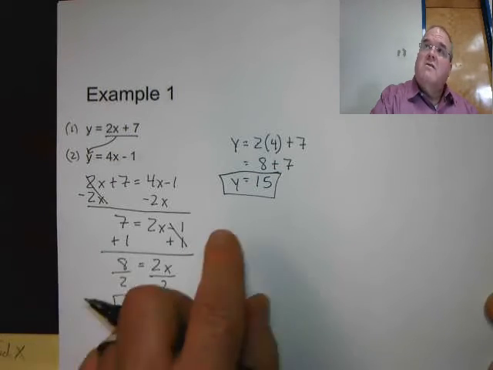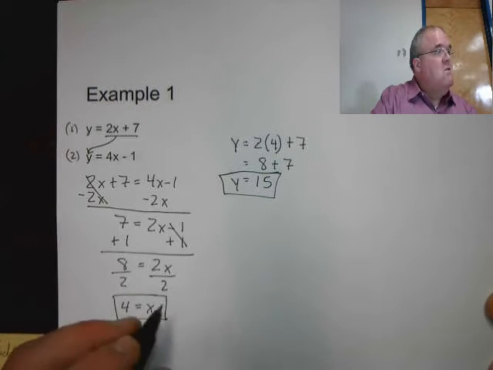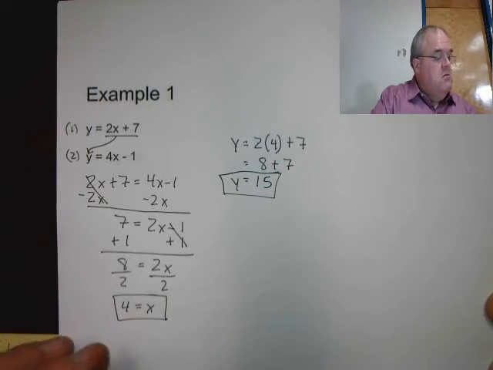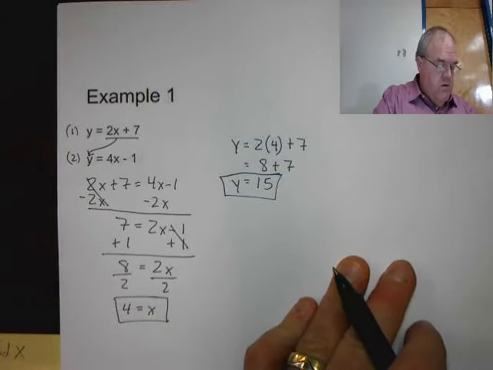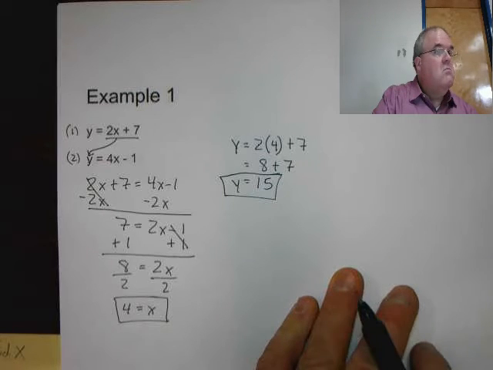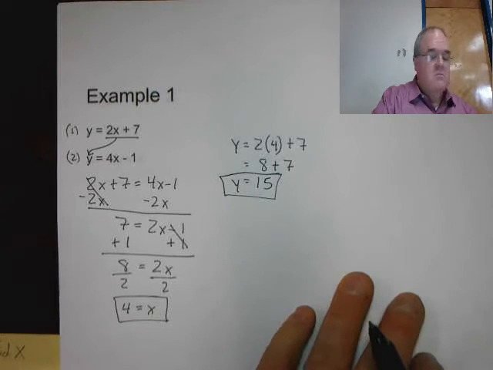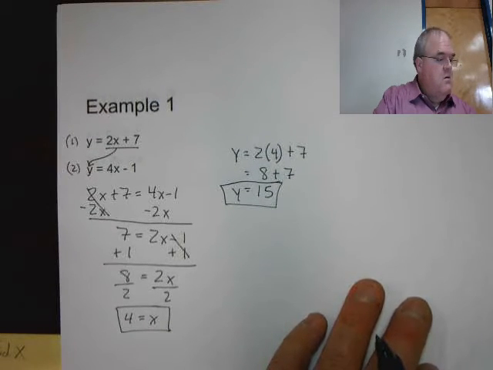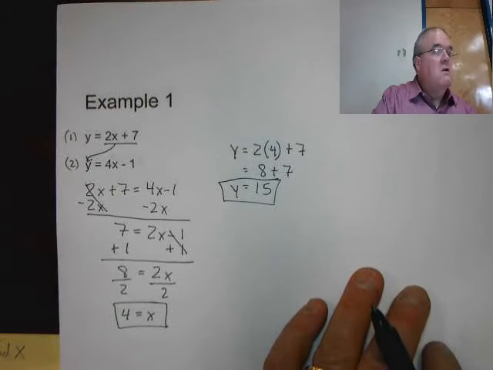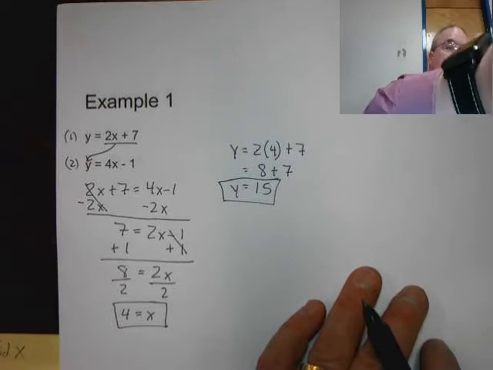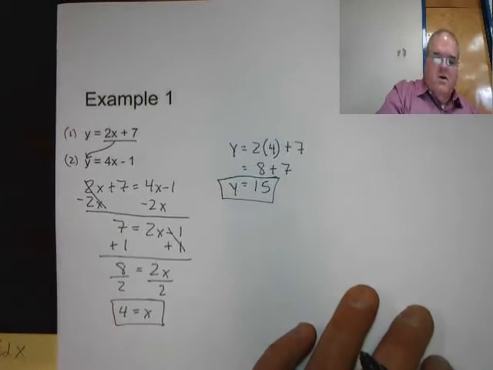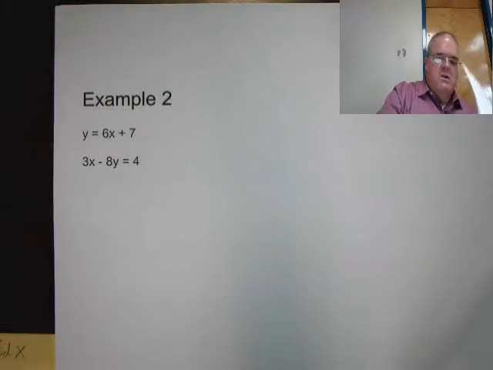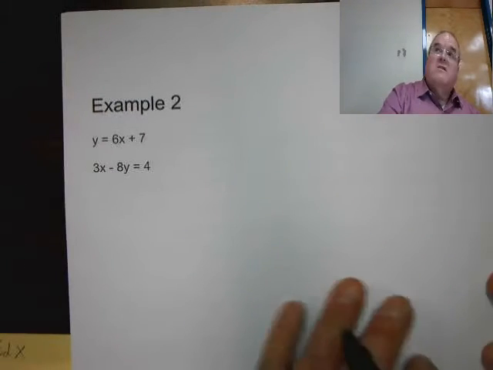And then when you get your x and your y, you're going to box them in. Makes it easier for me to grade when I'm looking at them. All right? So I'll leave this here for a little bit longer. So that's example 1. Now we're ready to move on to example 2.